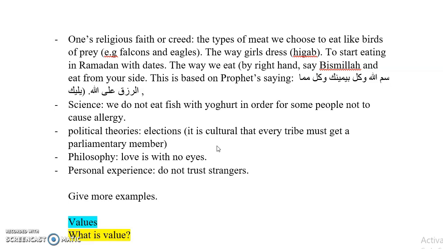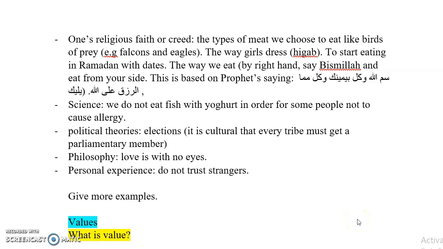Philosophy, like when we say love is blind, al-hub a'ma. And personal experience, when we don't trust strangers because of a bad experience that I have, so the result is that I will not trust any stranger anymore.